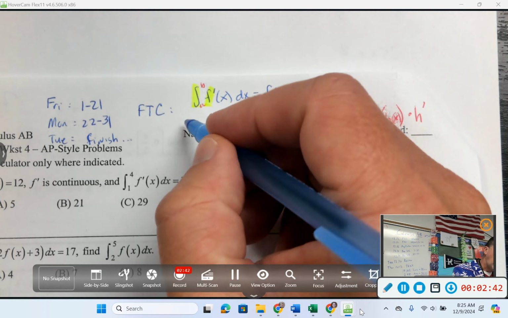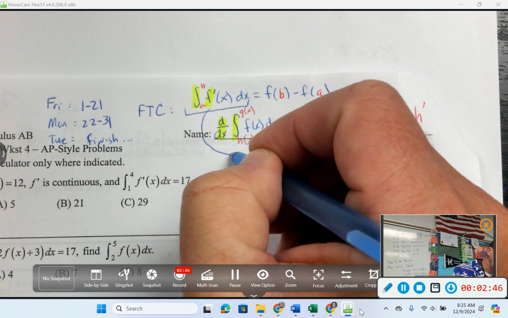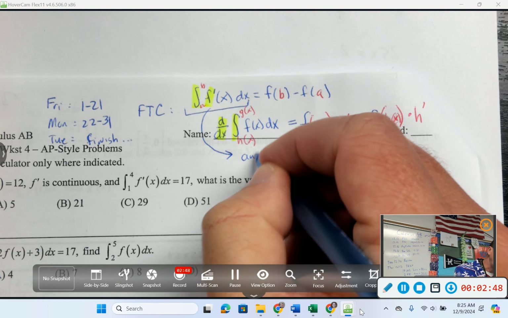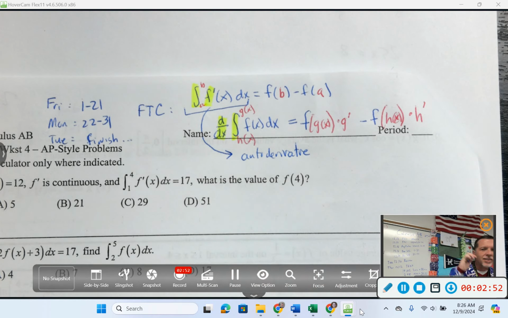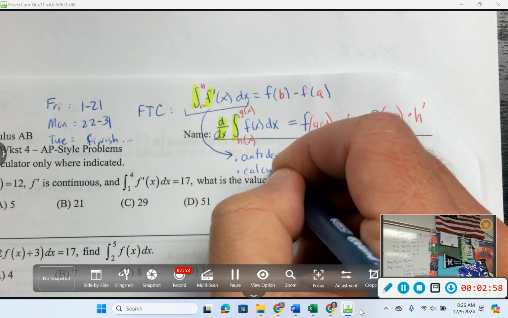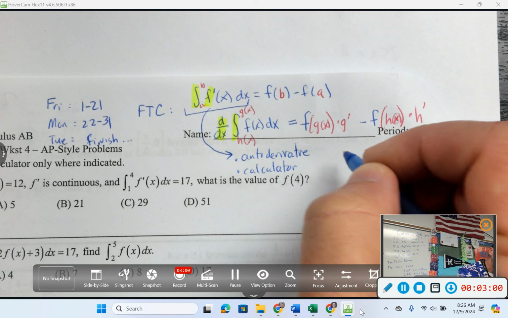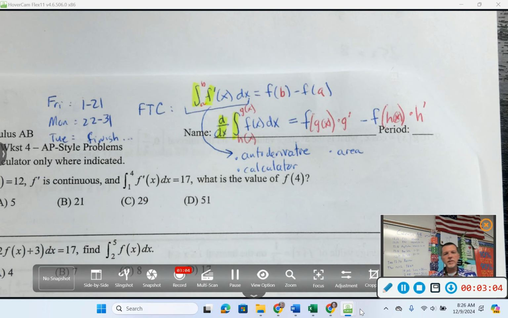Now, how we actually evaluate that integral is sometimes with an antiderivative by hand, sometimes with a calculator, and sometimes we use area under the curve to evaluate those antiderivatives or integrals.